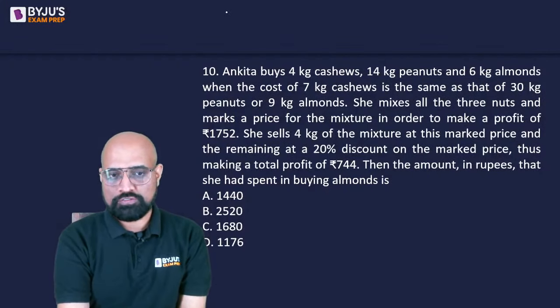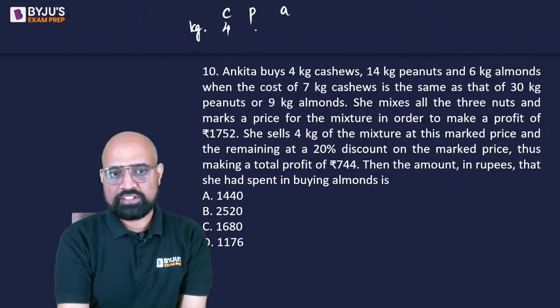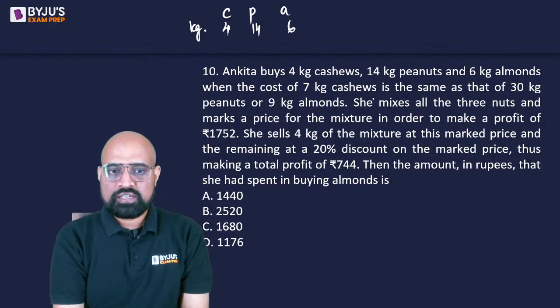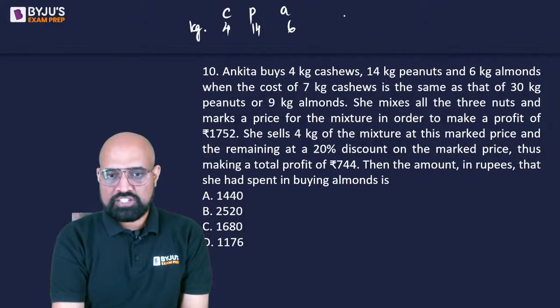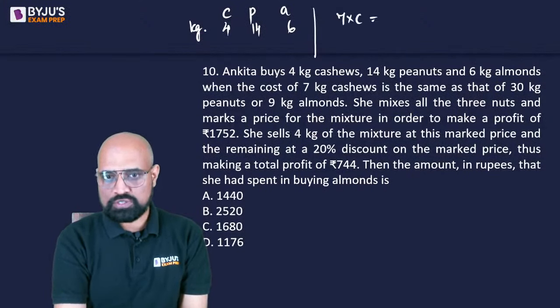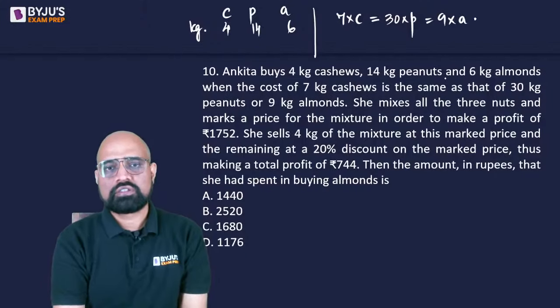So if I talk about kgs, meaning weight, this is 4, this is 14, this is 6. When the cost of 7 kg cashews is the same as that of 30 kg peanuts or 9 kg almonds.